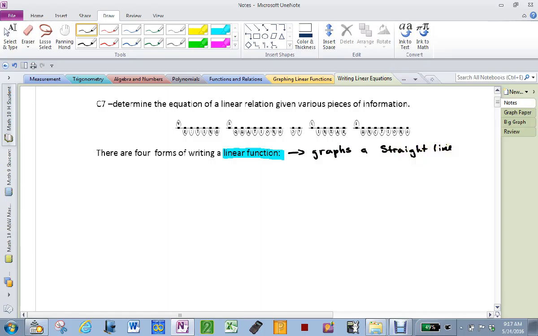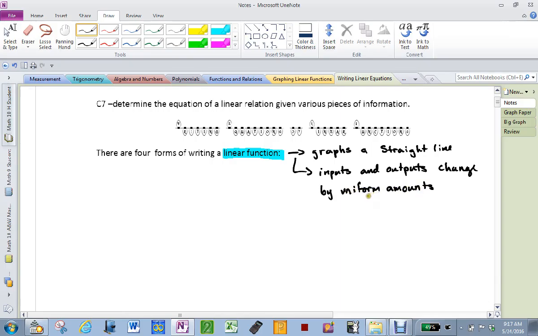But more importantly, the mathematical definition that we are looking for is our inputs and outputs change by uniform amounts. Notice I did not say equal. Okay?